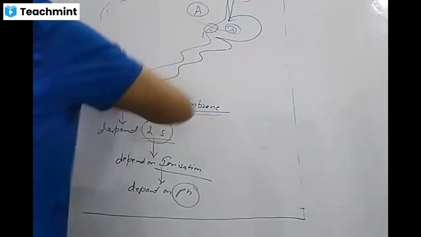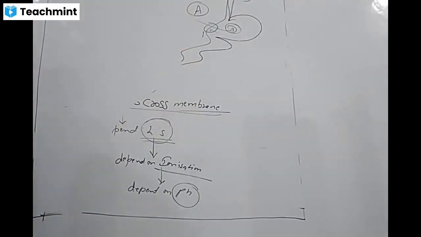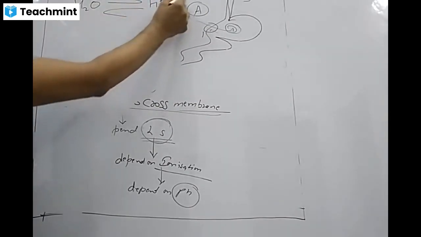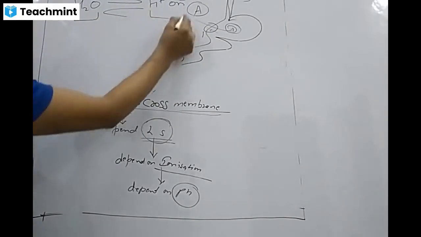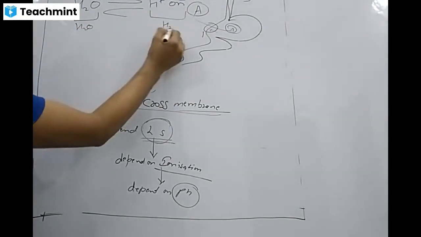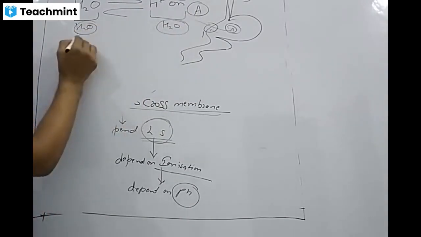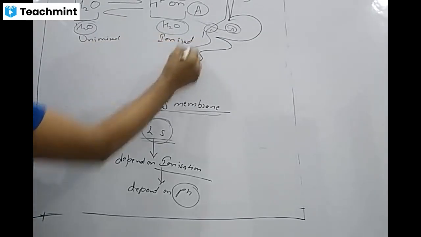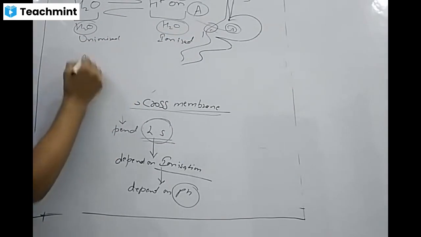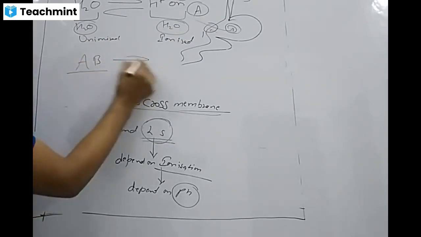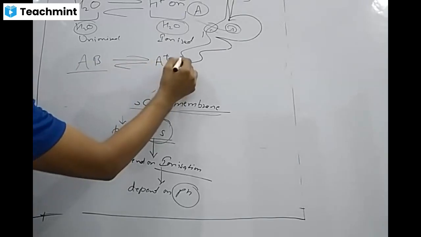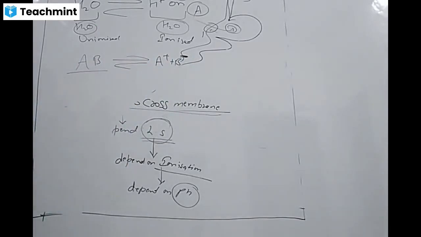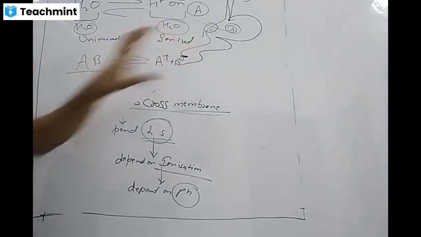So what is ionization? As you know, our body is made up of water molecules. This water molecule, H2O, is also known as water. But this is the unionized form and this is the ionized form. Similarly, suppose AB is a drug, and it also has two forms, unionized form and ionized form.